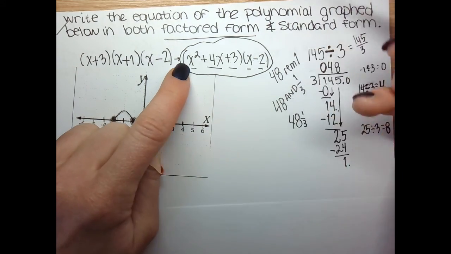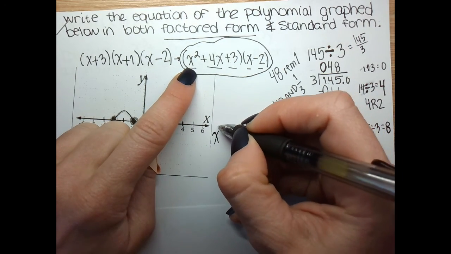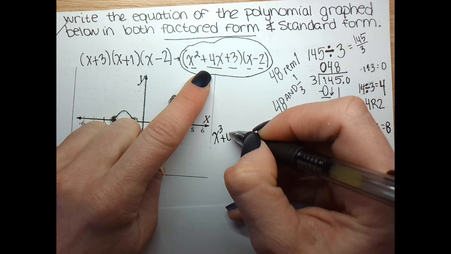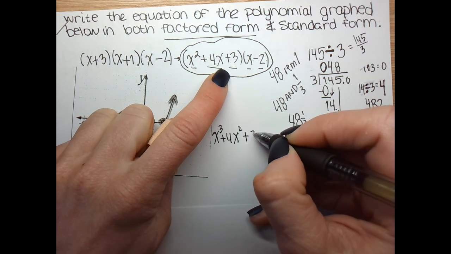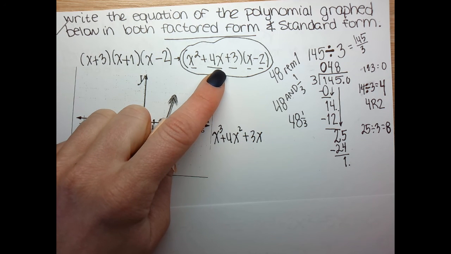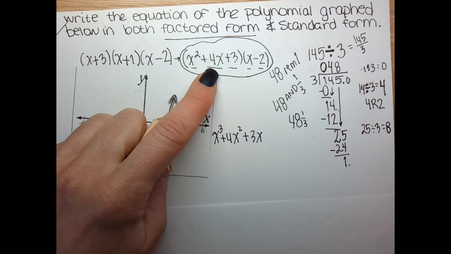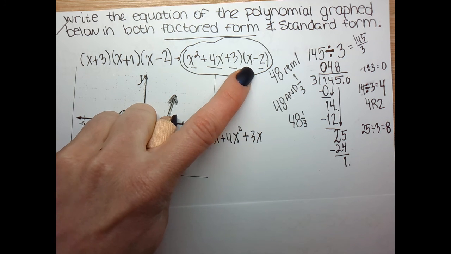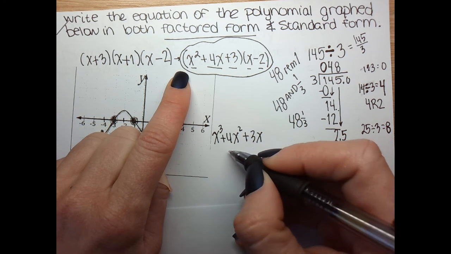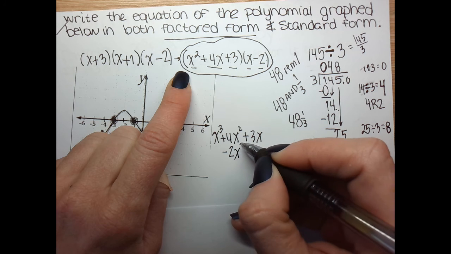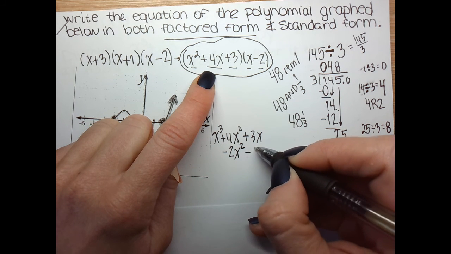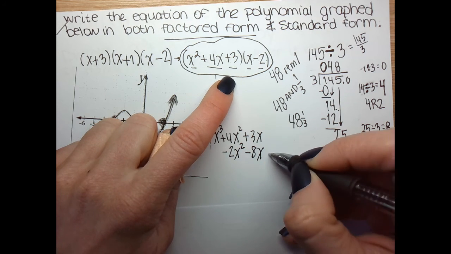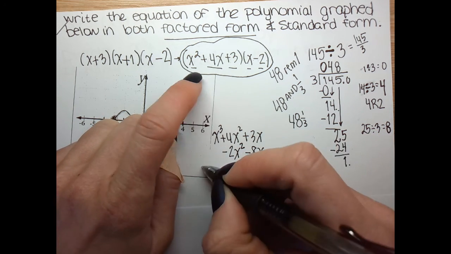So x times each of these, so what do we get? X to the third plus 4x squared plus 3x. So far, so good. That's just the x going in, right? And then now I'll do the negative 2. We get what? Negative 2x squared minus 8x, good, and minus 6.